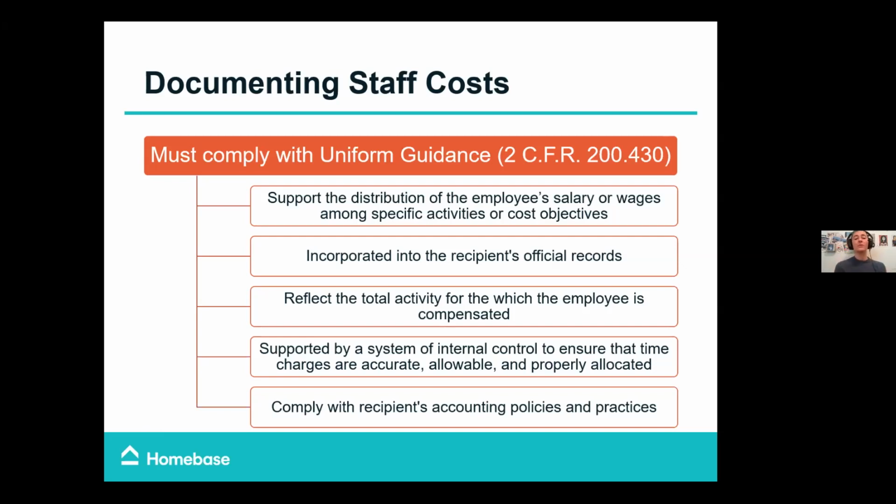And then, of course, your time tracking has to be part of a system of internal controls to make sure that that staff time tracking is accurate and that charges to a CoC grant are going to be allowable and also properly allocated between that grant and other things that you're doing. And you should have your own accounting policies and practices that govern the timekeeping.